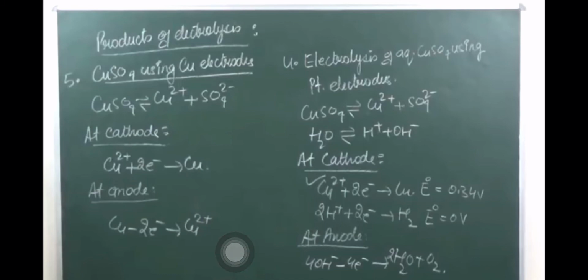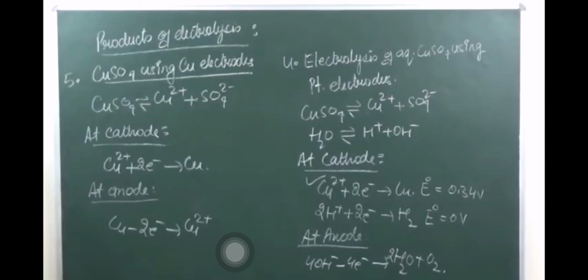In today's lecture we have seen that if we use different electrolytes, different types of products can be obtained. Firstly, if we use molten NaCl, then Na and Cl2 will be formed at cathode and anode respectively. If we take aqueous NaCl, then the products will be different.